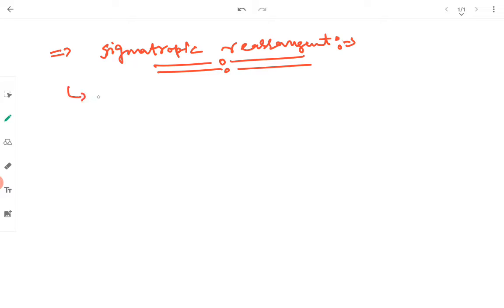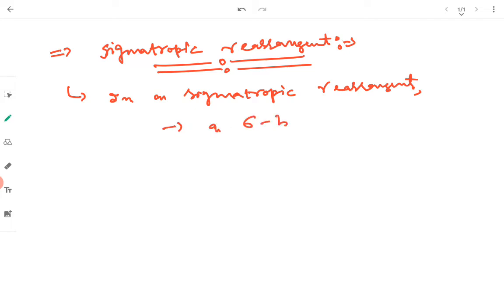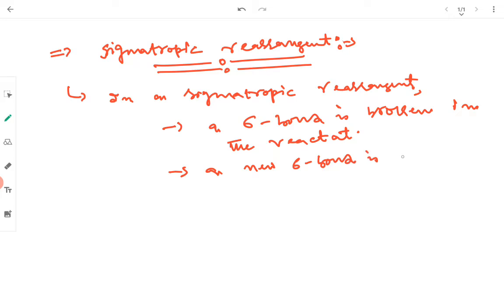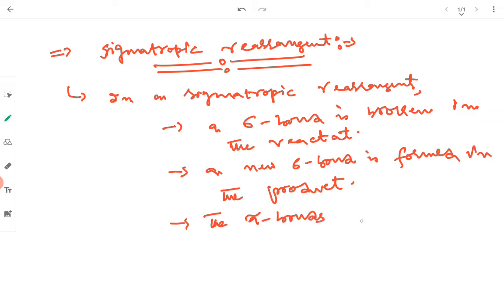So as I said, in a sigmatropic rearrangement, a sigma bond is broken in the reactant, and a new sigma bond is formed in the product, and the pi bonds rearrange.